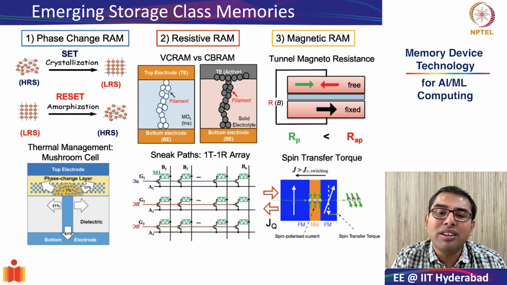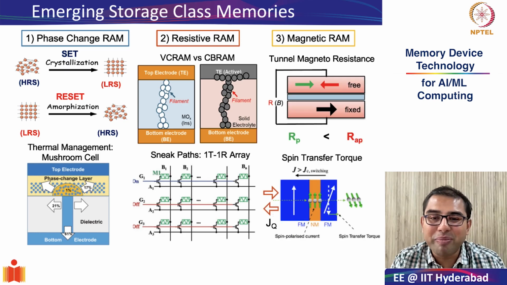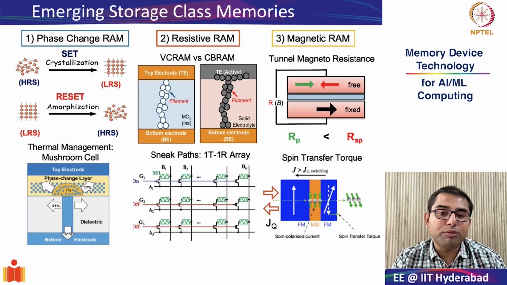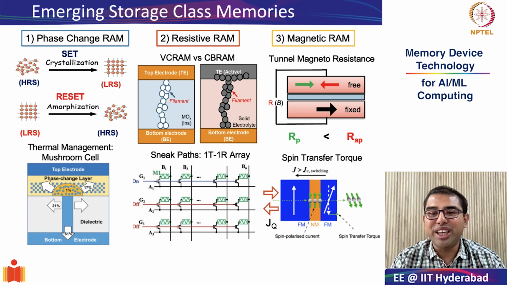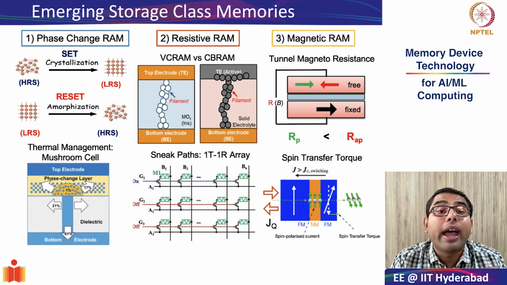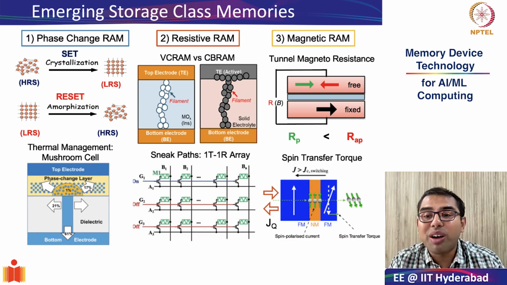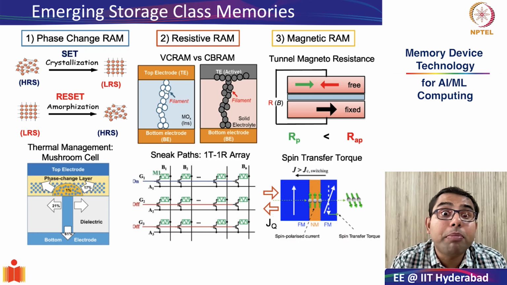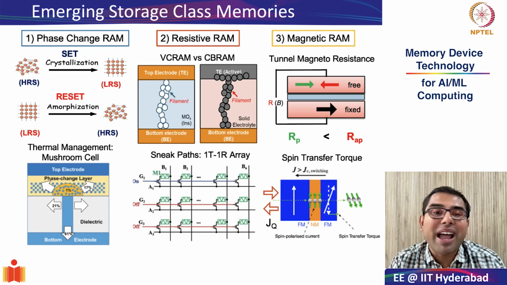Finally, we came to the most exotic form of memory, which comes from the magnetic degree of freedom, and this was your magnetic RAM or MRAM. And here, as you can remember, data was stored using the concept of tunneling magnetoresistance.